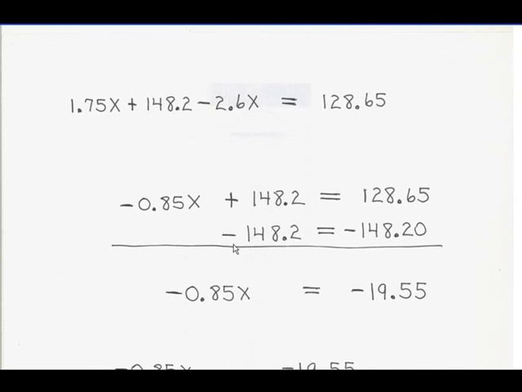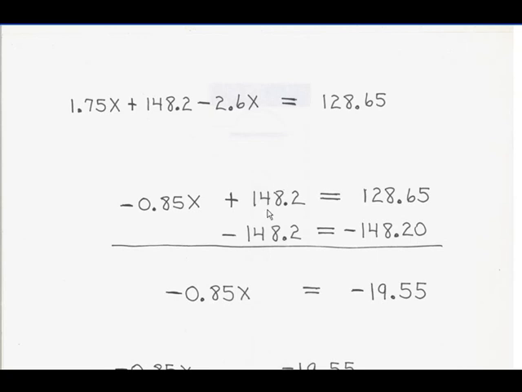So I add negative 148.2 to the left side. Now, because of the additive property of equality, and these equations are like scales, in order to maintain the balance, I must add the same exact amount to the right side of this equation so the equation remains in balance. So to the right side, I add negative 148.2.